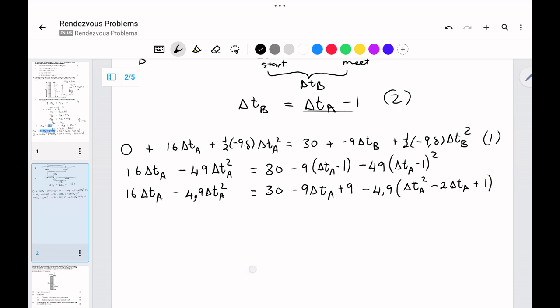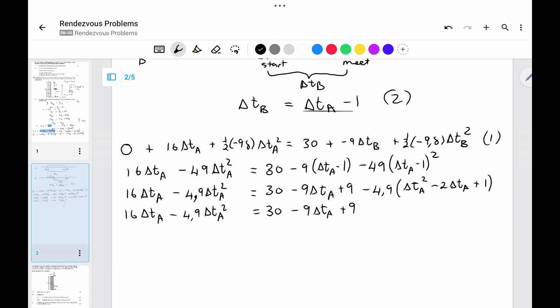And now I'm going to rewrite my left hand side. It's very important to be cautious and deliberate, because we don't want to make a mistake with the arithmetic.